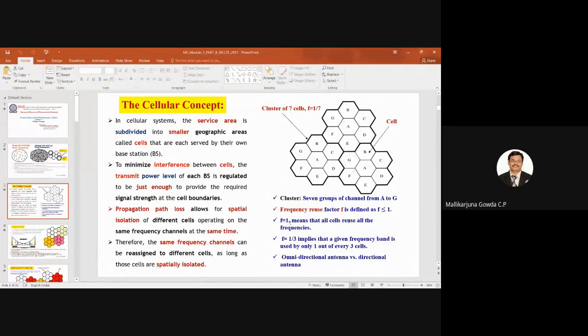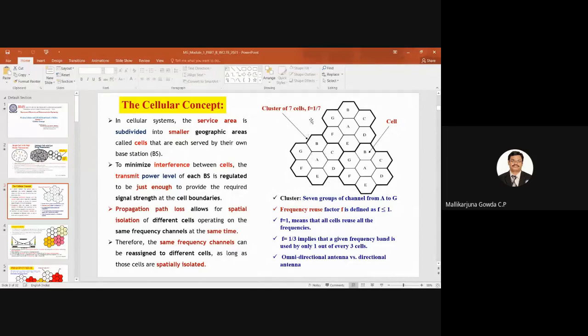If I say the frequency reuse factor is 1 by 3, it means out of 3 cells, one will be using the same frequency, and the other 2 cells will be using different frequencies. Here I am using a cluster of size 7.